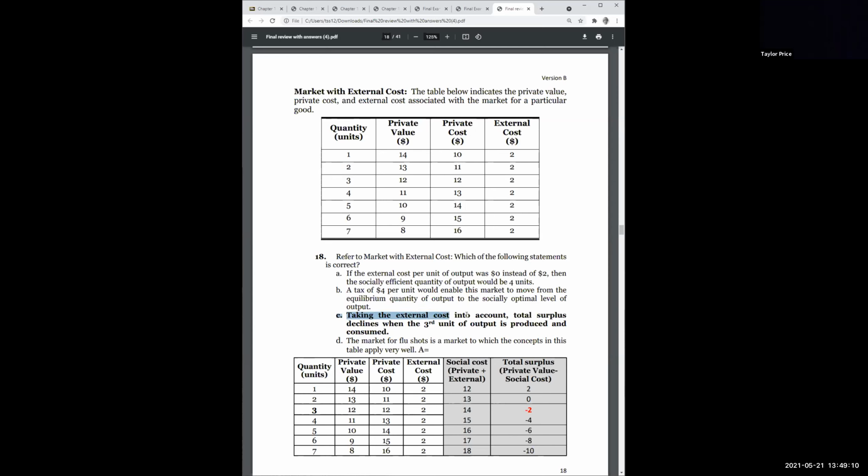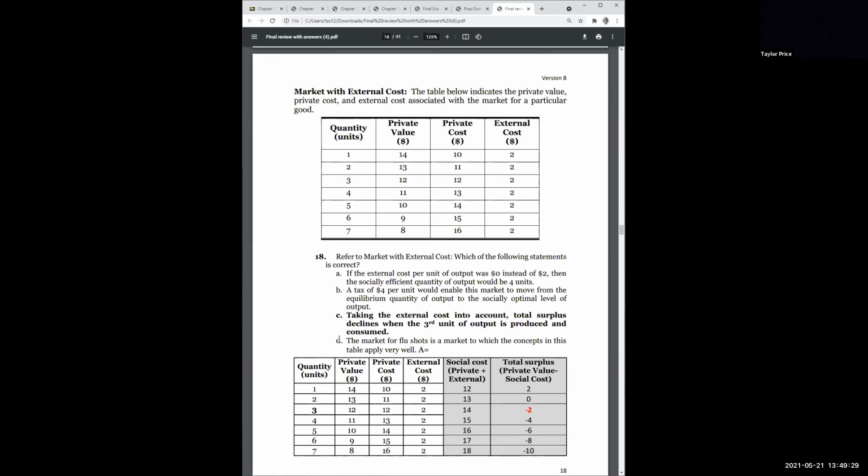When you've produced this, you can see that total surplus declines when the 3rd unit of output is produced. We have positive here, we have even here, and then we become negative very quickly.